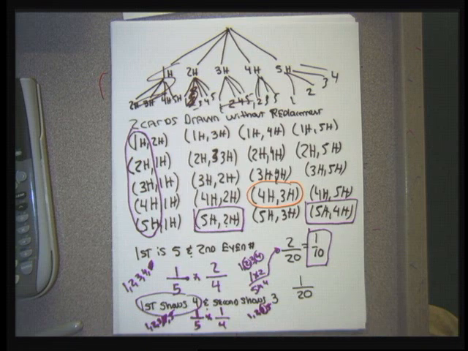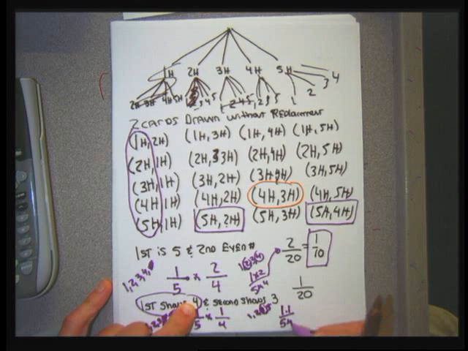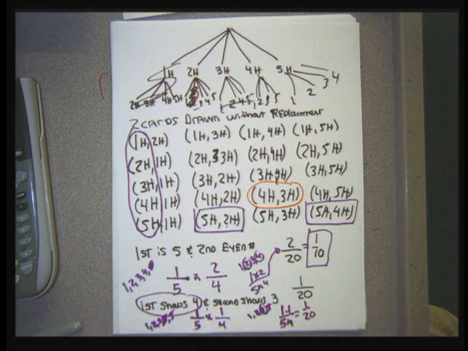If I do the multiplication that's implied here, the multiplication in the numerator is 1 times 1. The multiplication in the denominator is 5 times 4. This is going to give me the 1 over 20 that I got without using a formula.